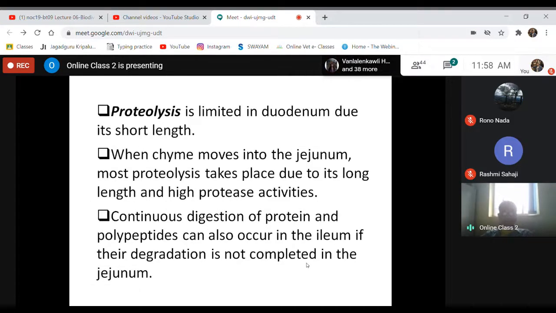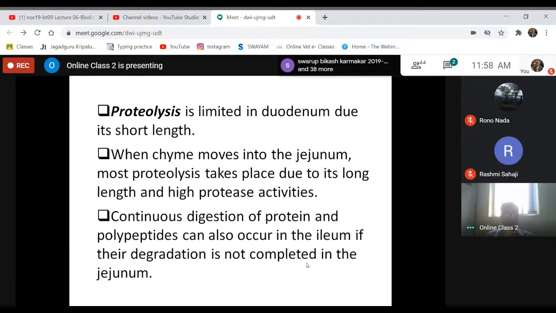But proteolysis is limited in the duodenum because of its short length. Compared to the jejunum and ileum, the duodenum is short, so the chyme is present for only a short duration, and therefore there is limited digestion of dietary protein.